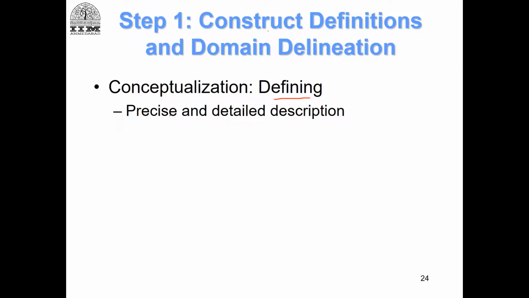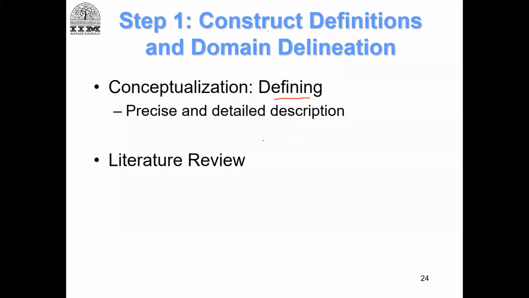So the first step of developing a scale is basically developing a definition, developing a conceptualization of your construct. That means a precise and detailed description of what you are going to aim at, right? What is it that you are going to look at? What is the definition of your construct?